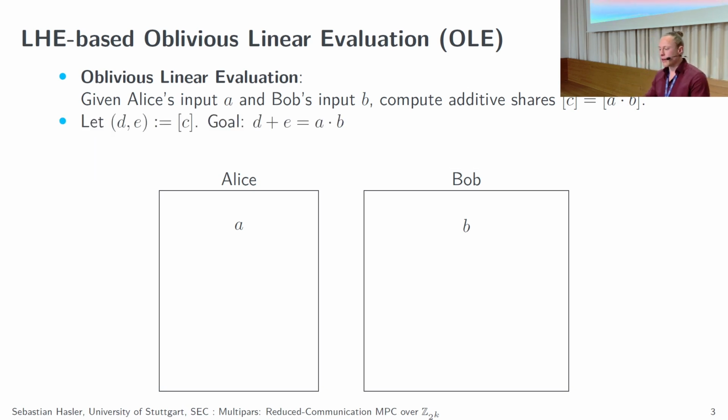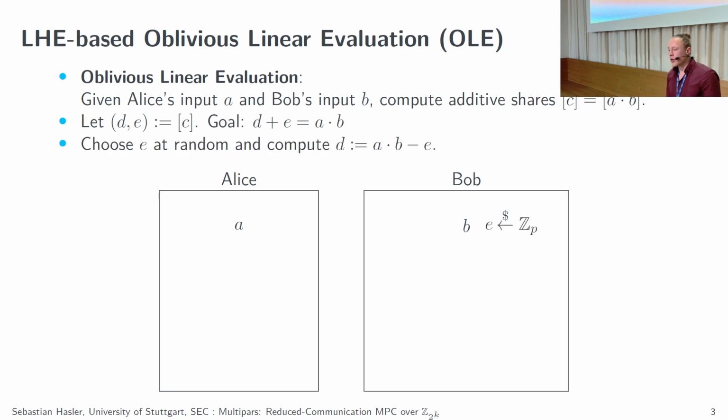So as I said, we want shares of A times B. Let's call these shares D and E. So what we want is to compute D at one party and E at the other party, such that the sum of these two shares is A times B. So Bob just chooses E at random, and that means all that's left to do is to compute D as A times B minus E.